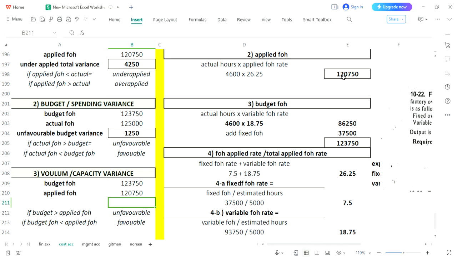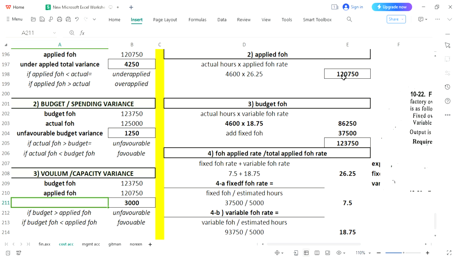It's time to calculate the variance, which would be calculated by taking the difference of budget and applied. So what you will do, your budget FH was 123, and you will subtract your applied FH, which was 120750. Calculate its difference. Difference has been calculated. It's time to conclude whether it is favorable or unfavorable.